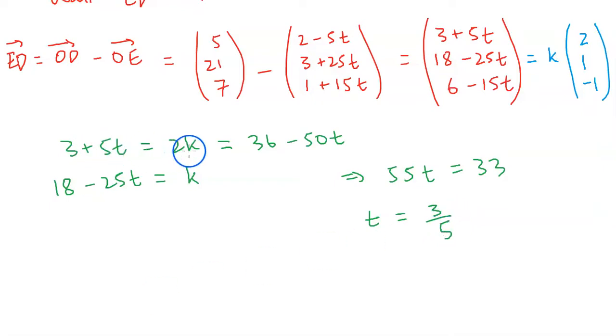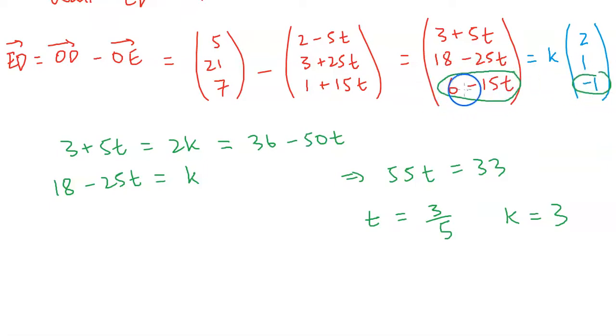And then so we would have, according to that, subbing in t equals 3 over 5 here, we'd have 3 plus 3 equals 2 times k. So that would mean that k has to equal 3. And then the only question is, do we have the last coordinates satisfied?